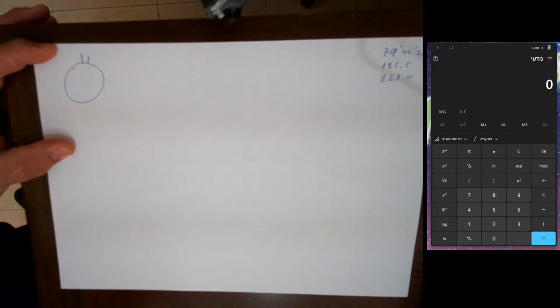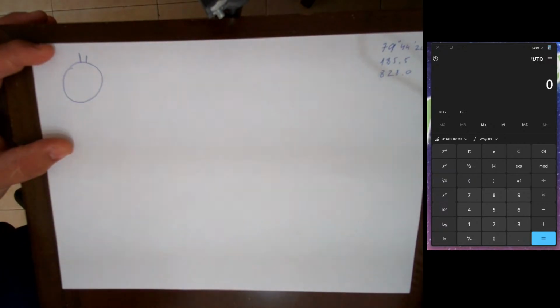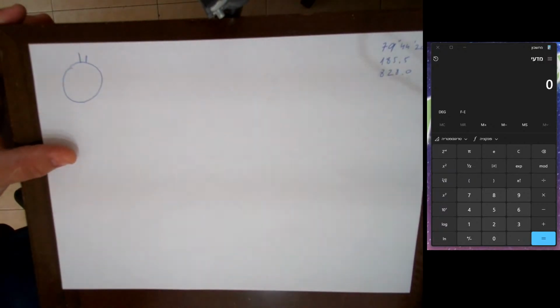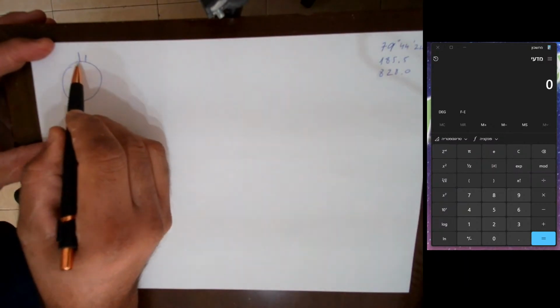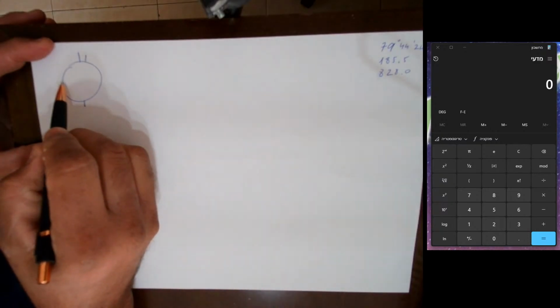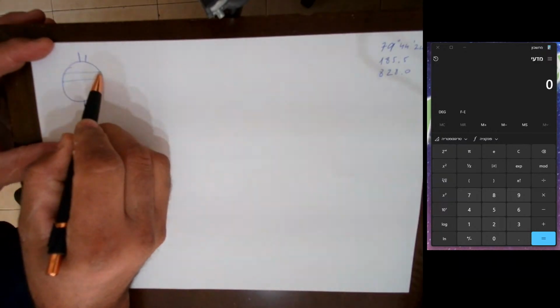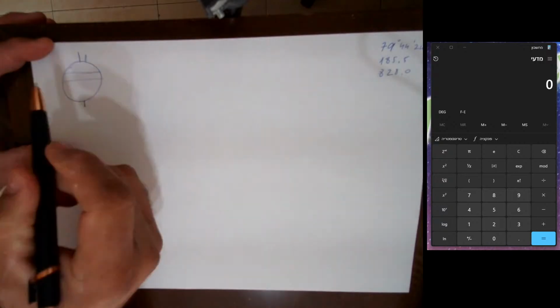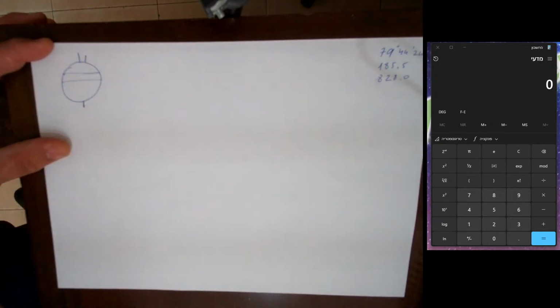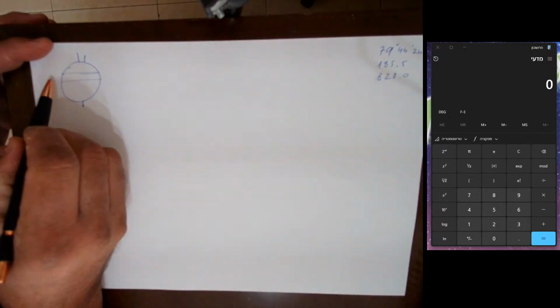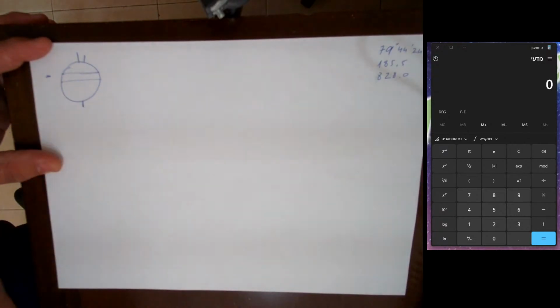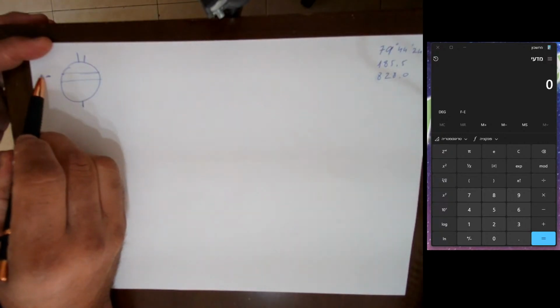The sun is at due north, because it was midnight. These are the poles, this is the equator, this is the Tropic of Capricorn. The sun is almost at the tropic because today is the 15th, not the 21st. So let's assume the sun is about here.